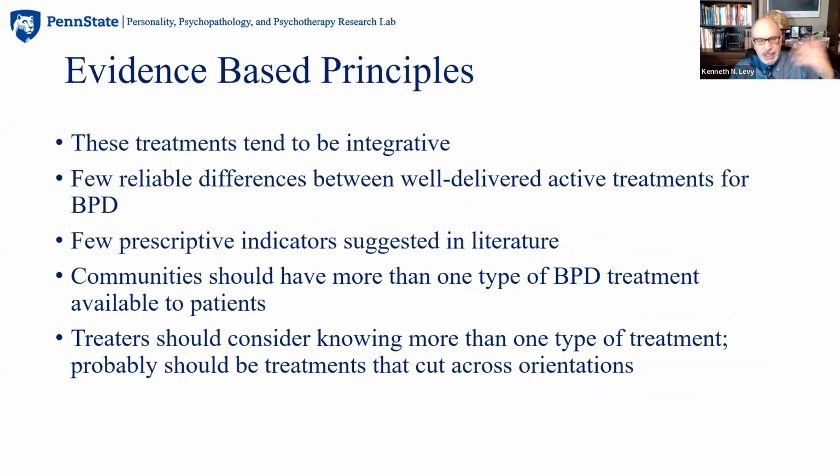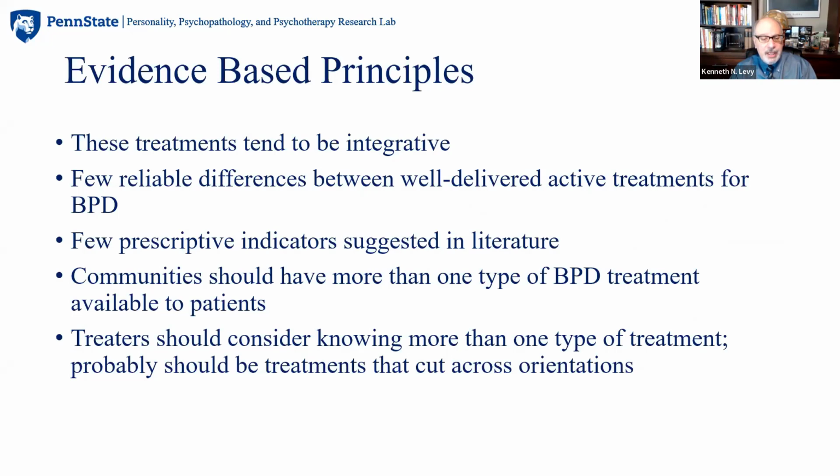As I said, these treatments tend to be integrative. There are a few differences, a few prescriptive indicators at this point, and I think that's where the research needs to go: what patients do better in DBT versus TFP versus MBT versus schema-focused therapy, if there are predictors of response to those different treatments.